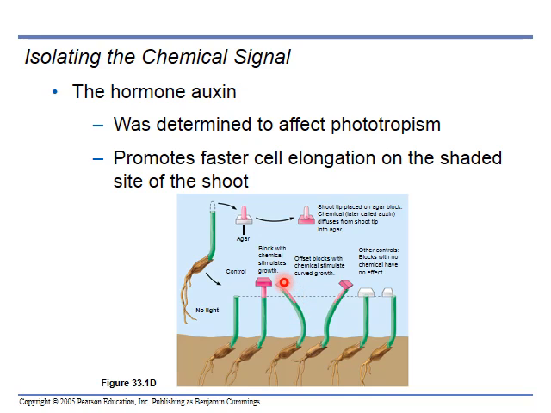If they put it on the right side, it caused the right cells to elongate, which caused the seedling to bend left. If they put it on the left side, the left cells elongated, causing the seedling to bend right. And if they put agar with no hormone in it, it had no effect.